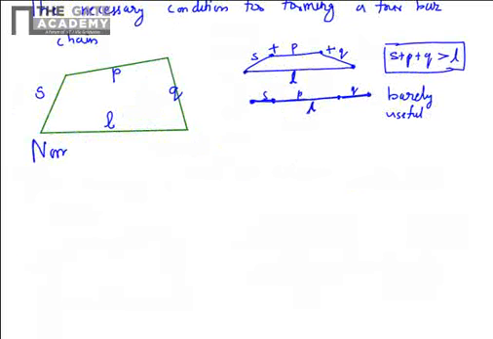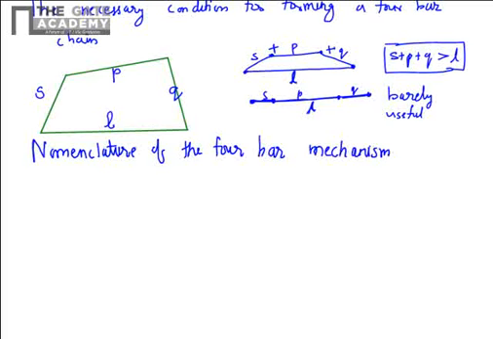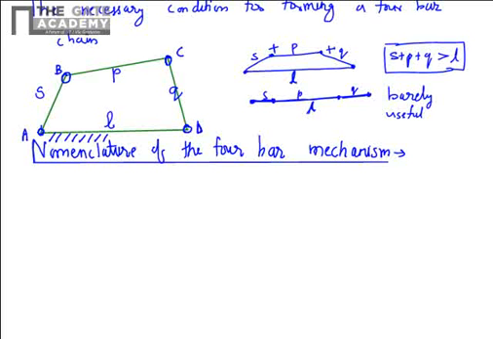So now we will see the nomenclature of the 4-bar mechanism. The link AD shown here, that is connecting the joints A and D, is known as the fixed link.